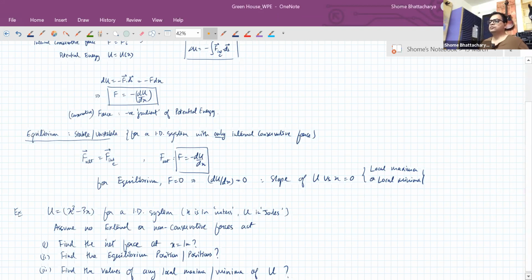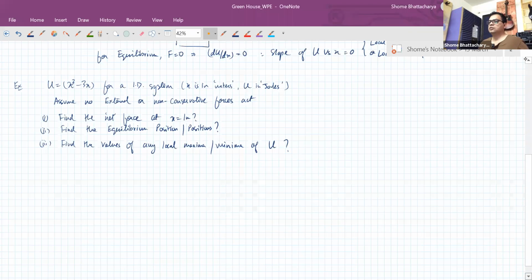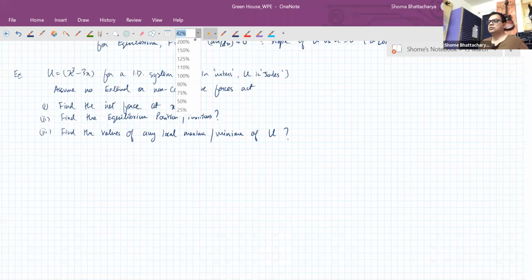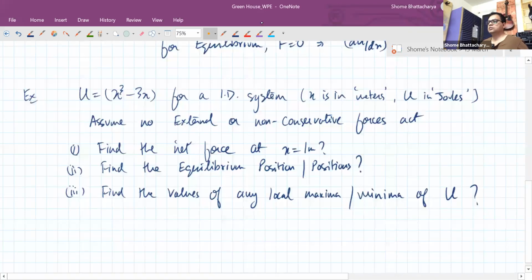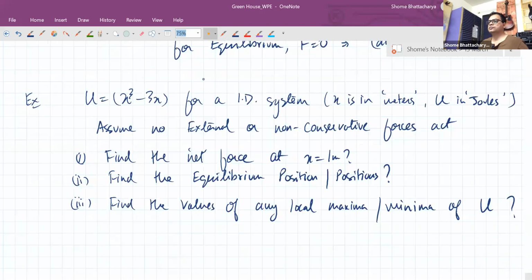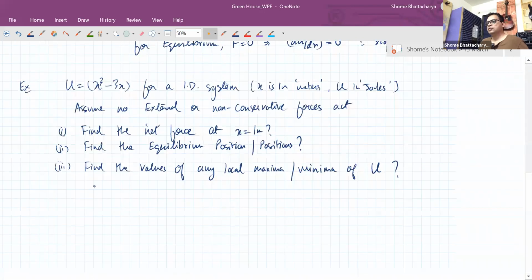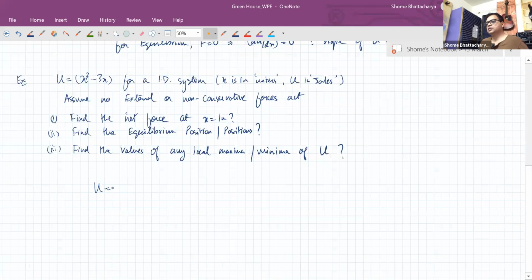Okay, so let's understand this question now. Yes, Kunal, we'll check out the answers. So potential energy is given by x cube minus 3x, and external force is not there, non-conservative force is not there.